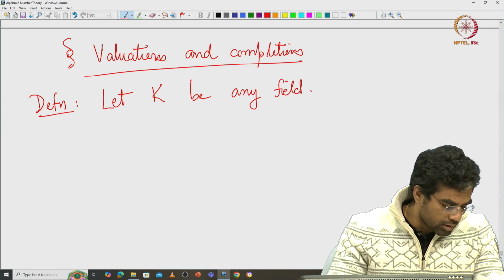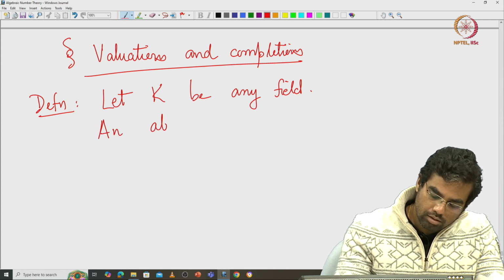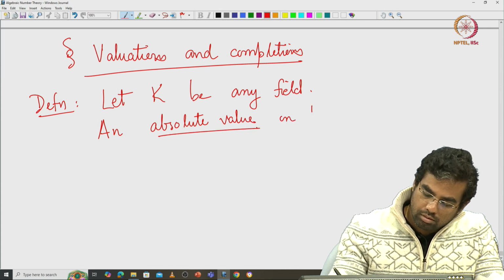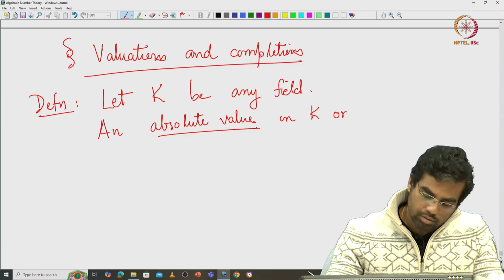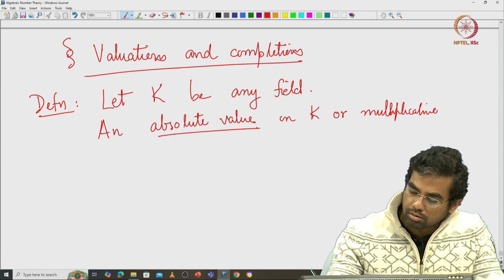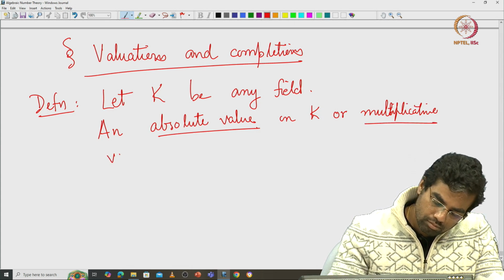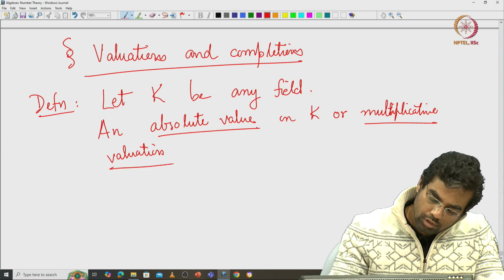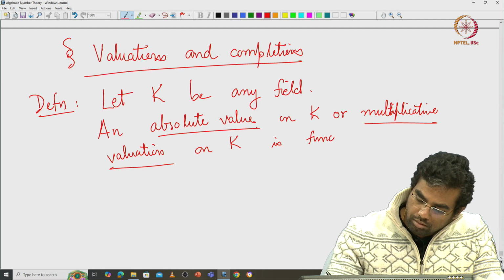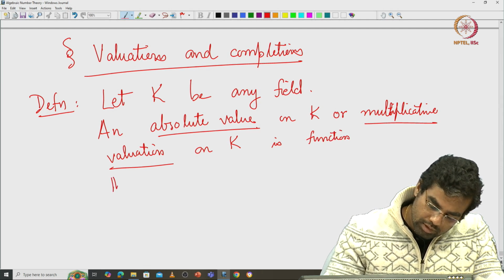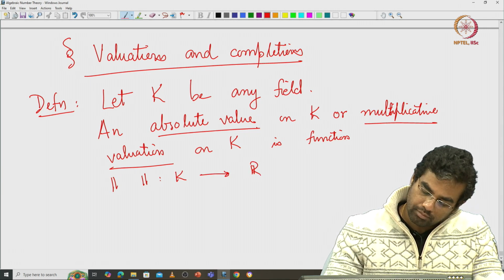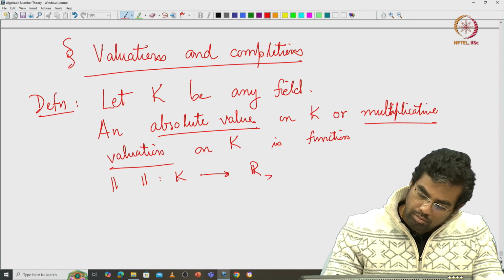An absolute value on K, or it is also called a multiplicative valuation on K, is a function, which we will denote with these double lines, from K to the real numbers, but only bigger than or equal to 0.